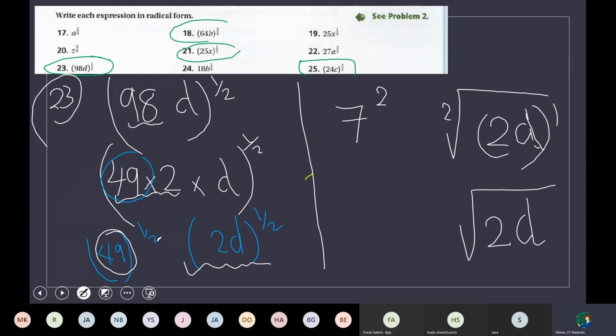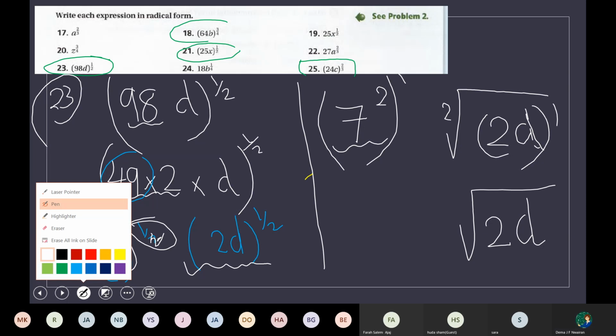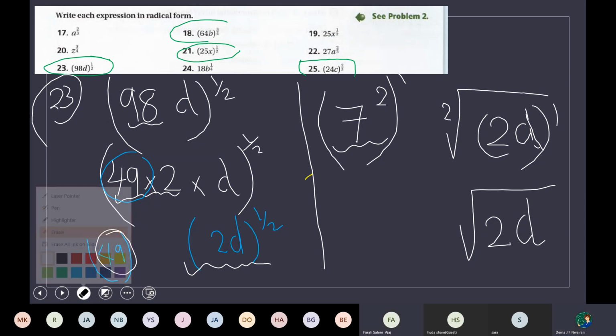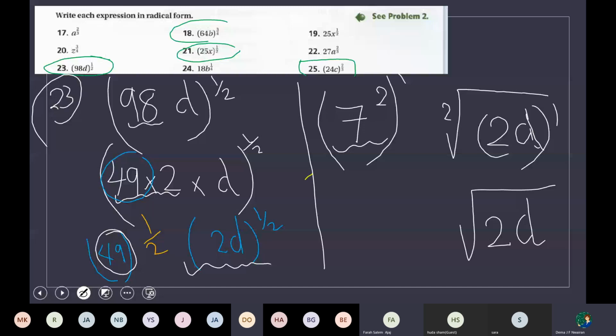Then back here, 7 squared raised to what power? The power is 1 over 2. Then 2 multiplied by 1 over 2 gives 1. So it will be 7 square root of 2d.